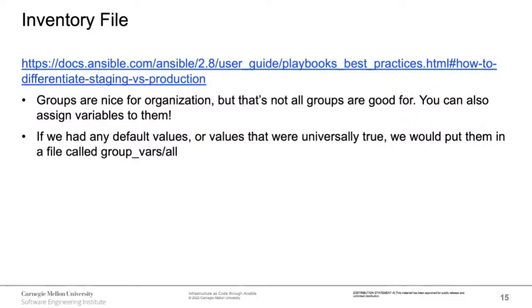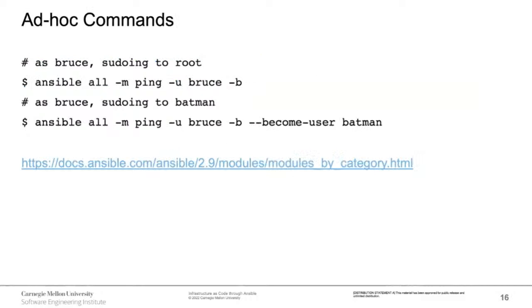Right. So that's inventory files, which brings us to, okay, so I know how to design my repo, and I know how to set my nodes that I want to manage, but how do I actually run Ansible and do stuff against them? Well, one of the ways to run Ansible is to use it in an ad hoc manner.